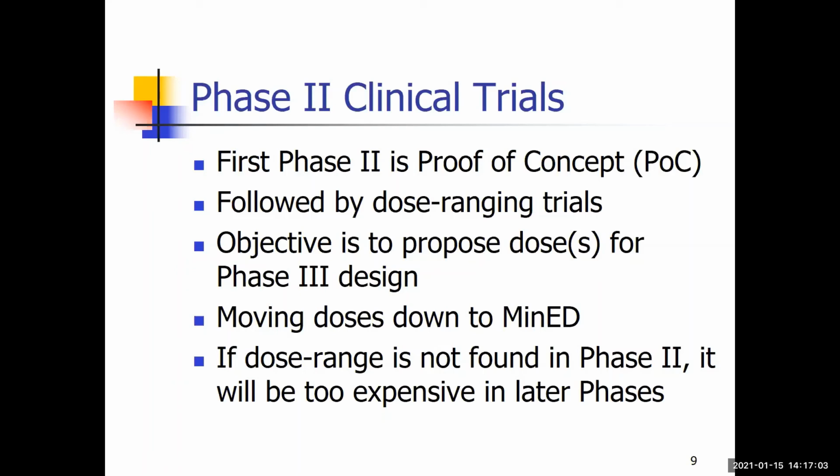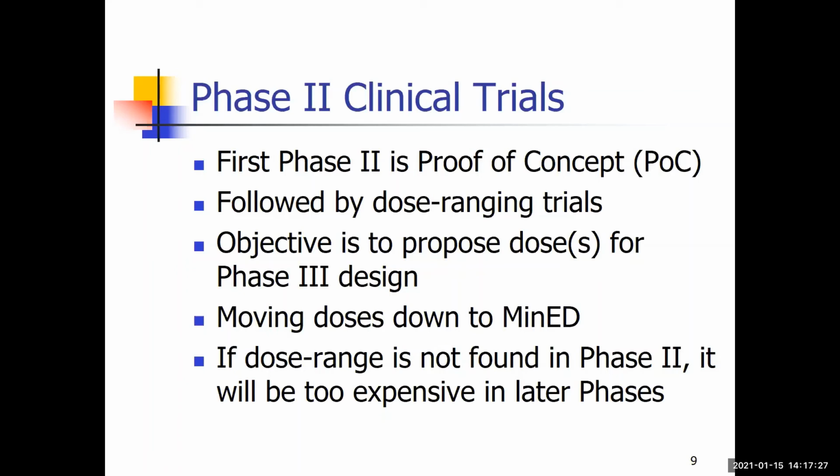All right. Now, phase 1 is healthy volunteers, or for oncology, in many cases, the patients in phase 1 trials do not necessarily have the target cancer you want the drug to treat. So you may not be able to see a lot of the efficacy data in phase 1.